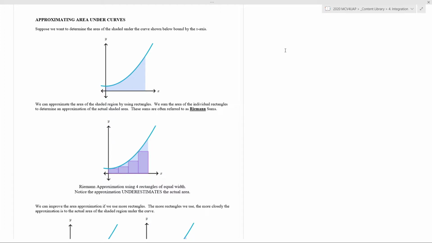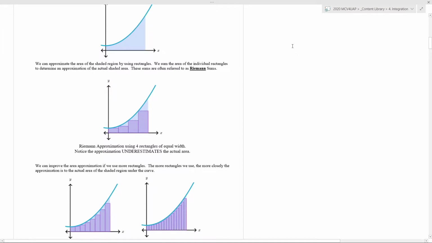And one way of approximating that area is by using rectangles and then summing the area of the individual rectangles. If you look in the second picture there, that area has been broken down into four purple rectangles, which would approximate that area under the curve.